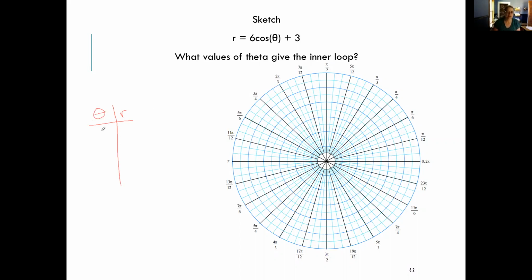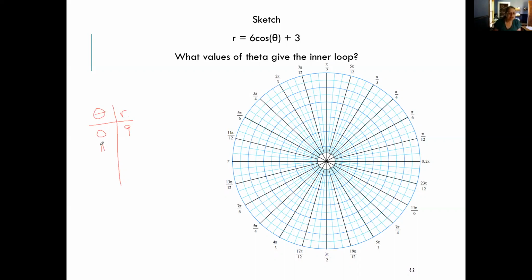So if theta is 0, cosine of 0 is 1 times 6 is 6 plus 3 is 9. 1, 2, 3, 4, 5, 6, 7. I can't even graph that. That'd be clear over here somewhere. Okay, so let's try theta is pi over 3.